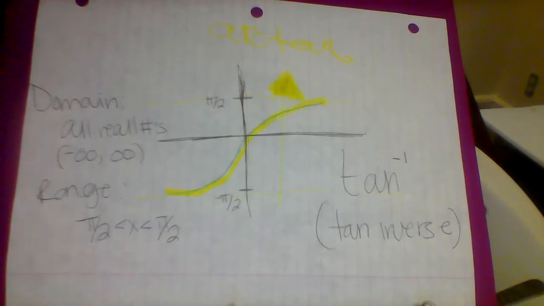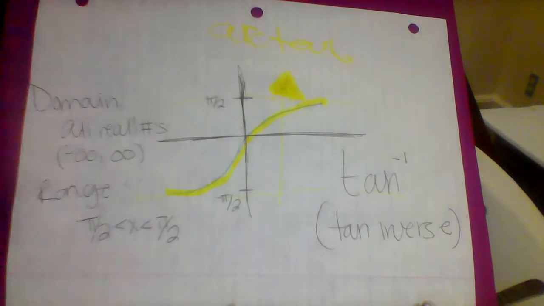But now let's go over its domain and range because it is different. So like we discussed in the last part, domain is all of its x's. Clearly, this will never touch this line. And so it will continue going to the left and continue going to the right forever or infinitely.